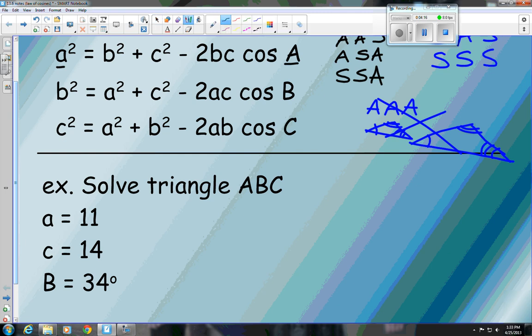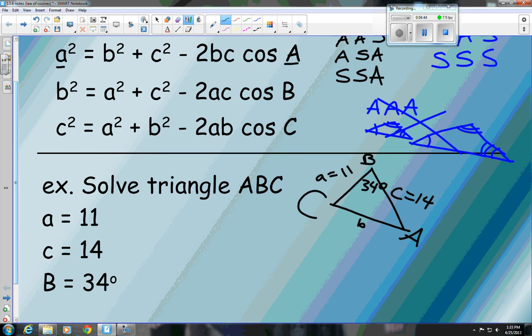So if I sketch that triangle, B is 34, so it's going to be pretty little. B is 34 degrees. A equals 11. Angle A we don't know. We need to figure that out. Side C equals 14. Angle C we don't know. We need to figure that out. And side B we need to figure out.